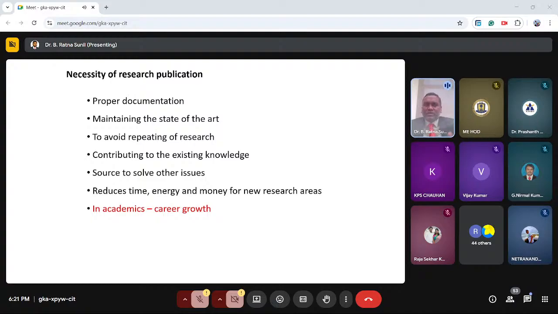For example, sometimes we may work on solving a specific problem, and the solution may become a perfect solution for another problem, so we don't know. Roentgen discovered X-rays not for medical applications. If you remember the history, randomly, out of interest, he was doing research and found a new phenomenon of the electromagnetic spectrum and named it X-rays.